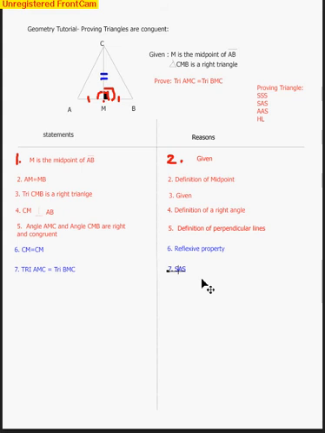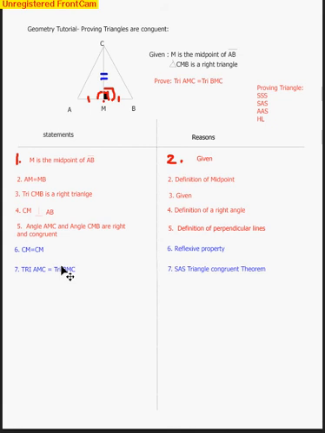So if you need, it helps to say, we'll just say side, angle, side, triangle congruent theorem. And that would be done. We are done. We proved it. So you'd put a little QED right there.